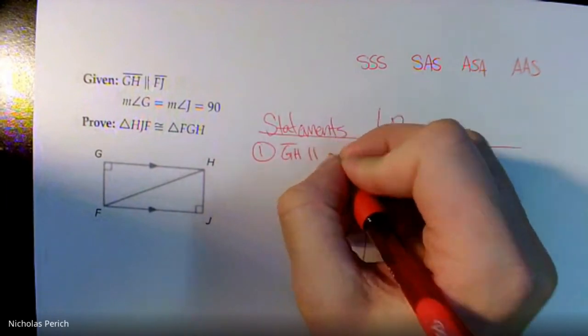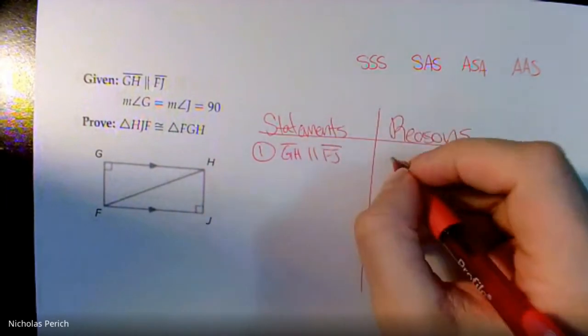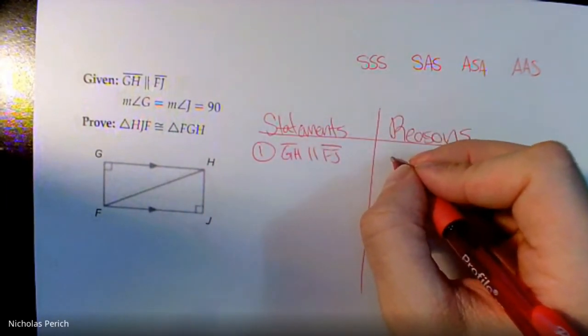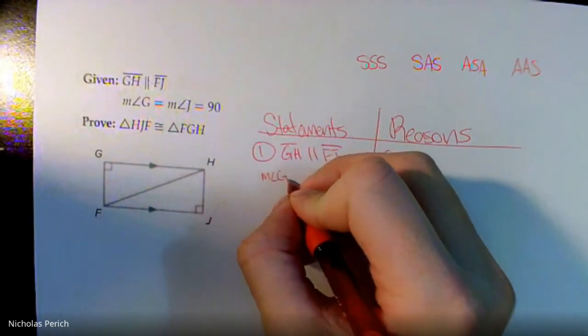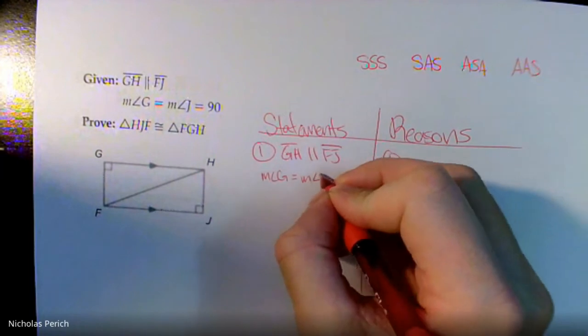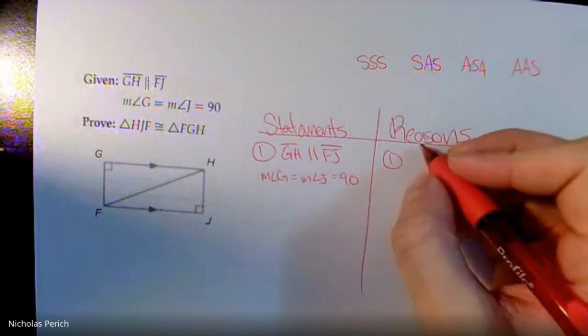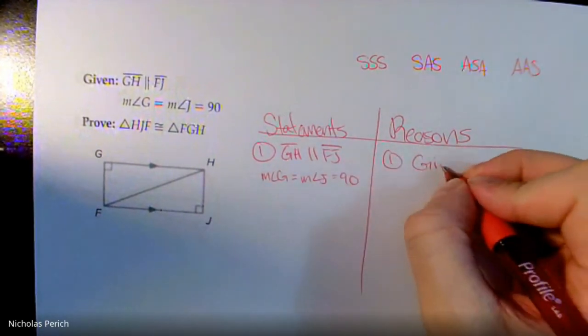GH is parallel to FJ. Also, the measure of angle G is the same as the measure of angle J, which is 90, so they're right angles. I don't know why they just didn't say that.